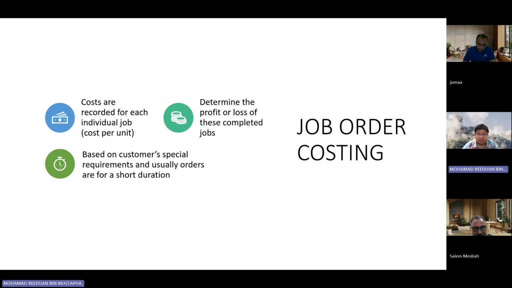To understand the individual job, you need to calculate the cost per unit. It's very important to know the cost per unit.